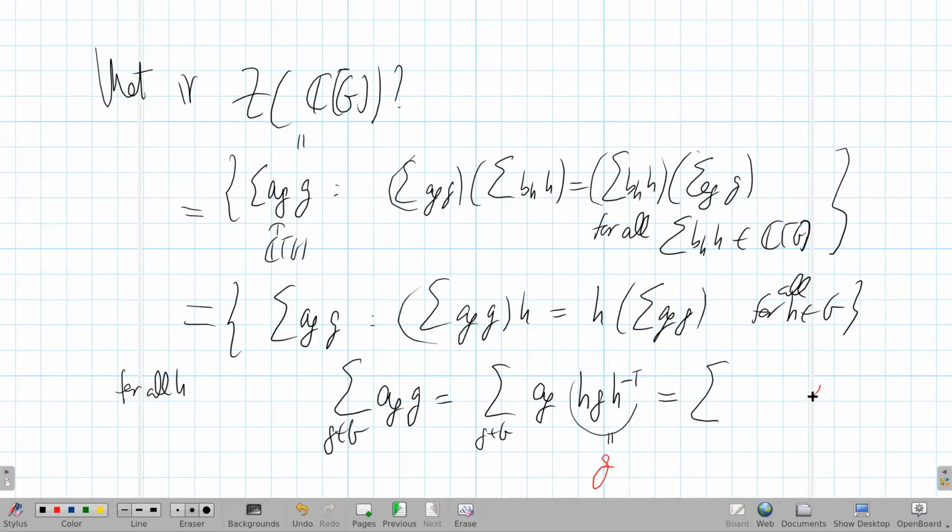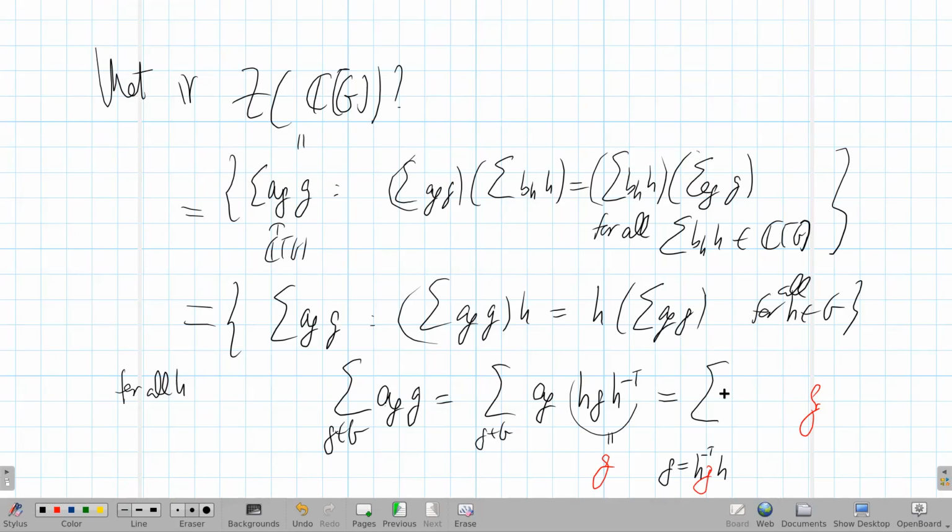Okay, so what we get is that if red G equals this, then G equals H inverse red G H. Because if red G is equal to AG, HG H inverse, you multiply on the right by H and on the left by H inverse, and you get this.